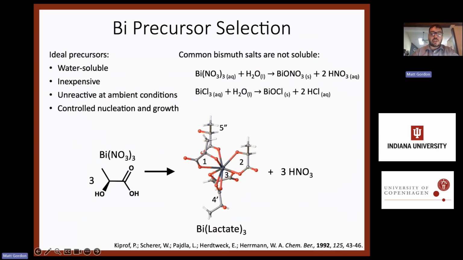And so we found in the literature from the early 90s a paper that used lactic acid as a bidentate ligand to coordinate to bismuth, and it formed this bismuth lactate complex that was water soluble.